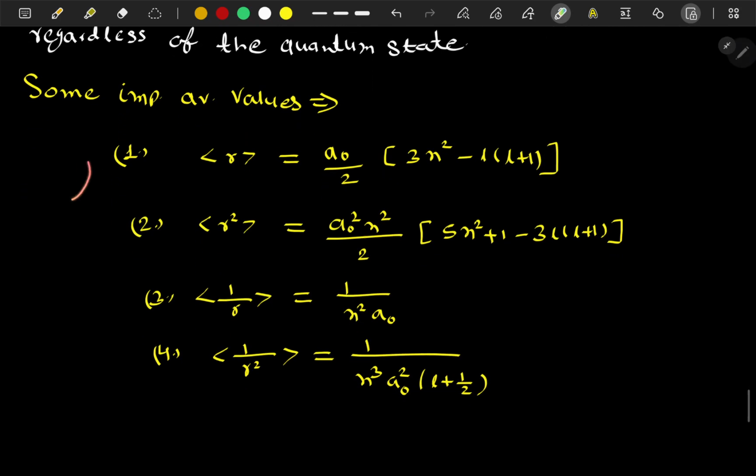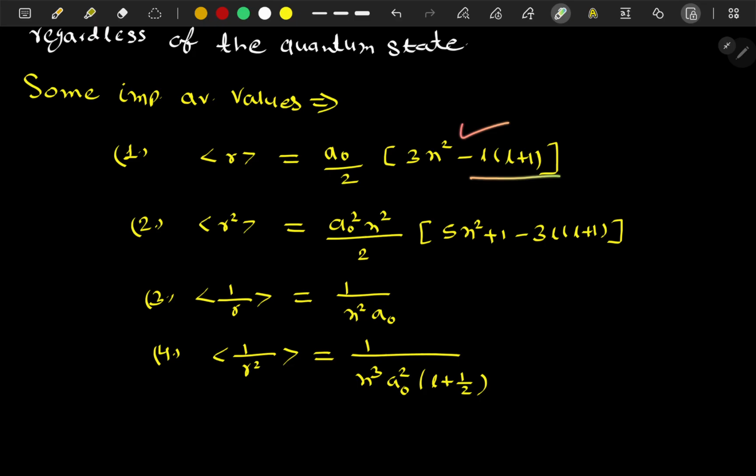Now you should remember this, because these things will not remember you, but you should remember these things to solve the questions. So the expectation value of r equals a naught by 2 times 3n square minus l into l plus 1. Very important.